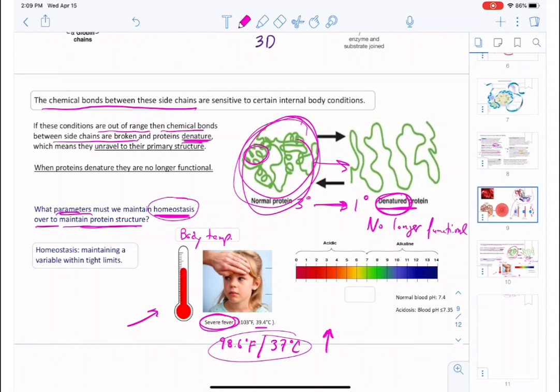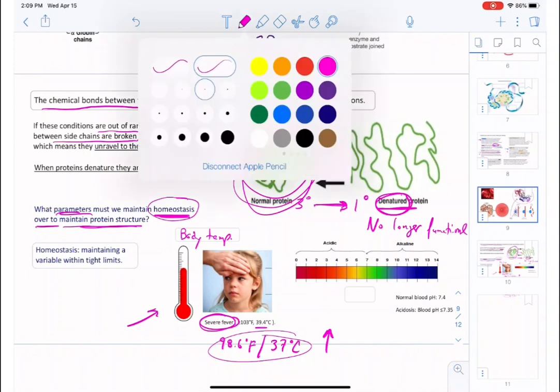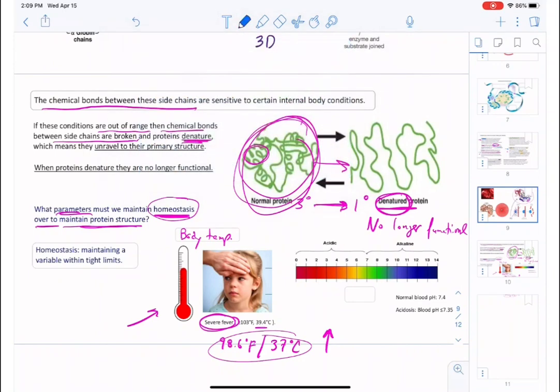What is the other main internal variable we want to maintain homeostasis over? That's pH. Our normal blood pH is about 7.4, and we have a little leeway, but again, not that much.